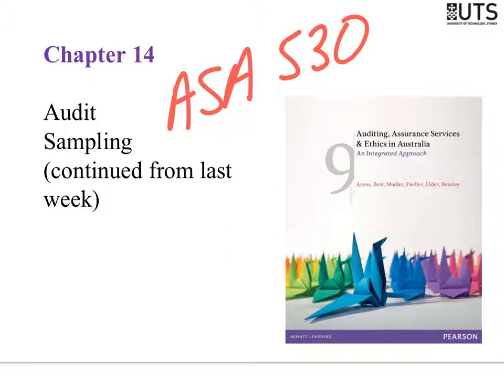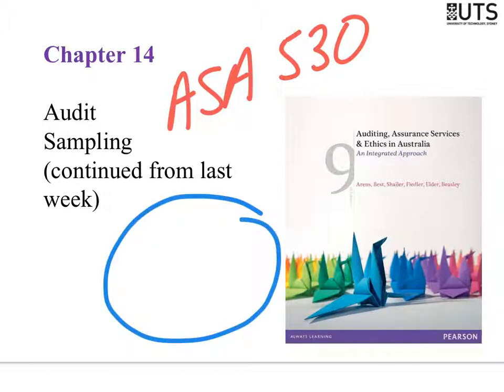Now, remember what audit sampling was. Everything in a particular account is called the population. So the population is every single item or every single transaction that makes up an account. Now, remember, in audit, it is very rare for us to test the whole population, because it is time consuming, it's expensive, and sometimes given the scenario, it could be absolutely impractical.